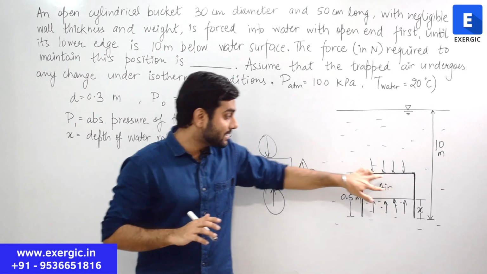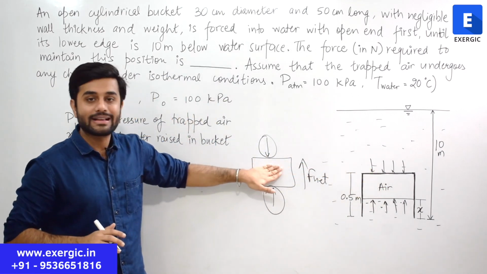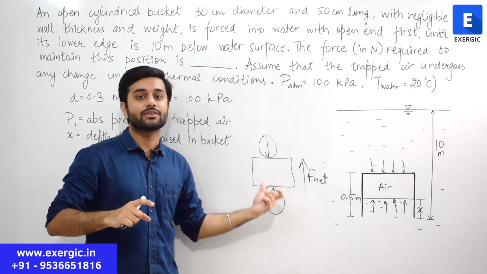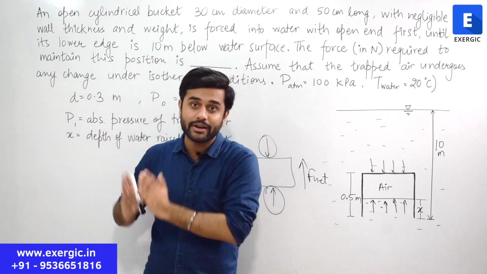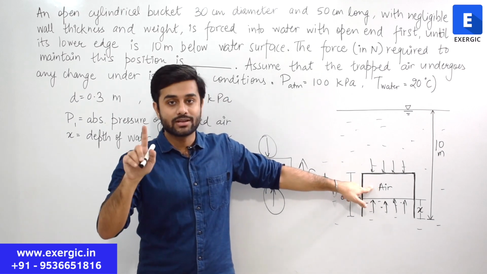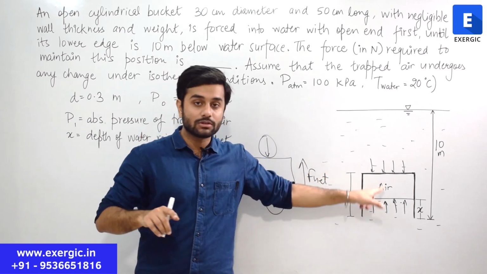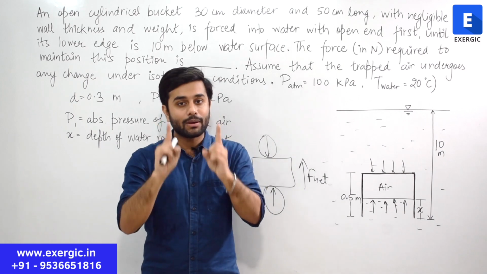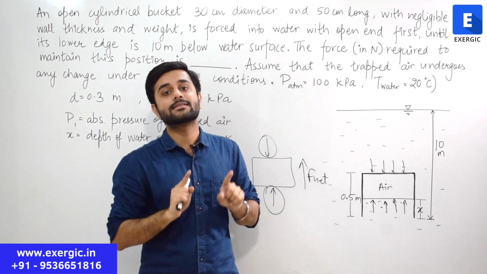So this mass is not similar to this mass. This was not a compressible mass. This was an incompressible mass. So this force which was acting had the sole effect of movement in the upward direction. But here it is not the situation. Here this pressure is also used in compressing the air. So do not apply the formula of buoyancy in this case.